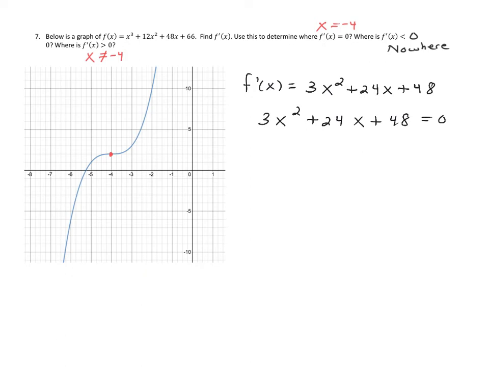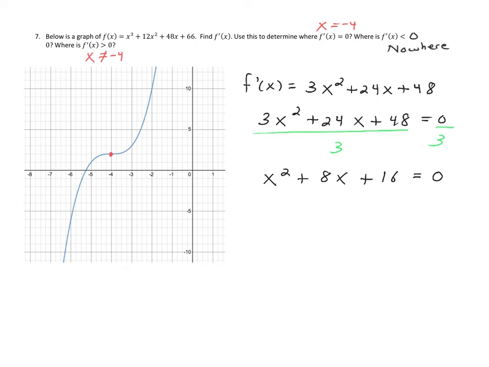I think 3 goes into every single term, so I could divide both sides by 3. That gives me x squared plus, 24 divided by 3, that's 8x, and if I divide 48 by 3, I get 16.